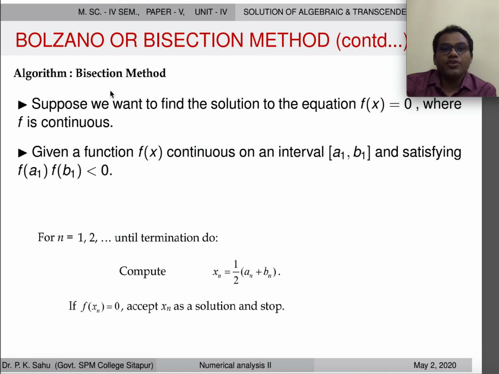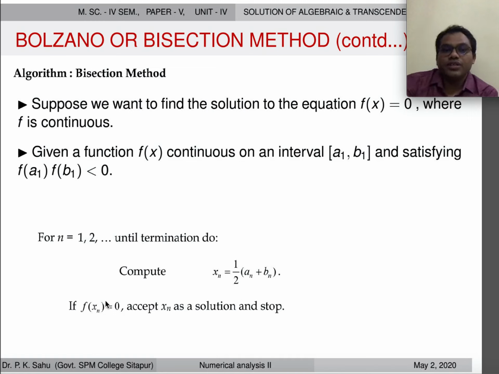Now we will see the algorithm of the bisection method. Suppose we have to find the solution of an equation of the form f of x is equal to 0. Here f is continuous and we have an interval a1 b1 such that f of a1 into f of b1 is less than 0. Then we compute xn, which is 1 by 2 of an plus bn, the midpoint of the interval an bn.